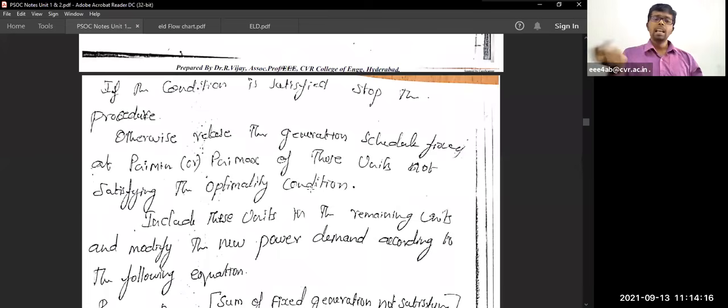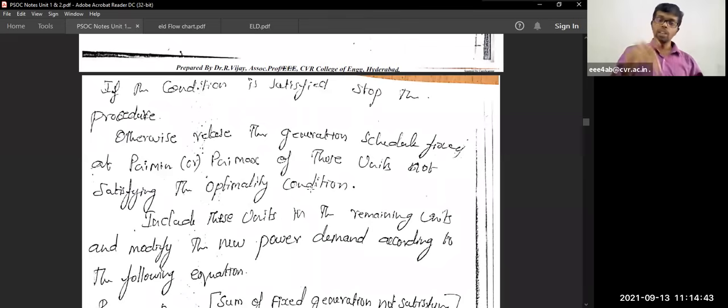Say if this condition is also not satisfied, again you need to go to step number 3. Again you need to fix the generation, that is PGi minimum or PGi maximum. So again you proceed with the same steps. Again calculate the PD new, again lambda new, and again check the optimality condition. Like that you need to repeat.